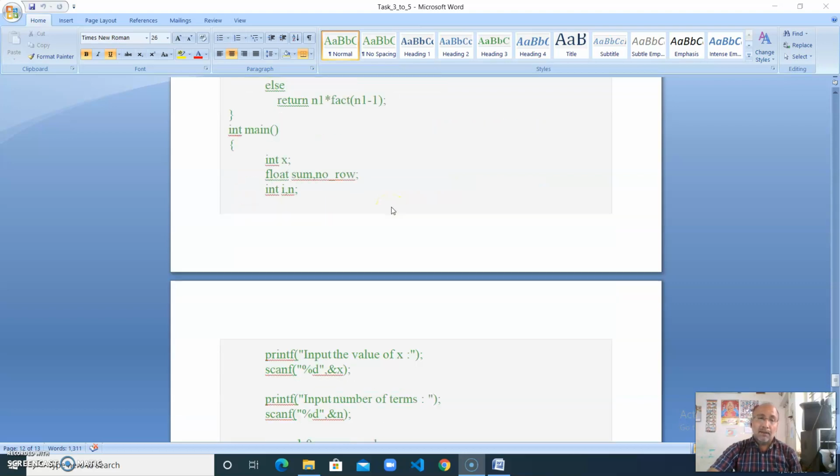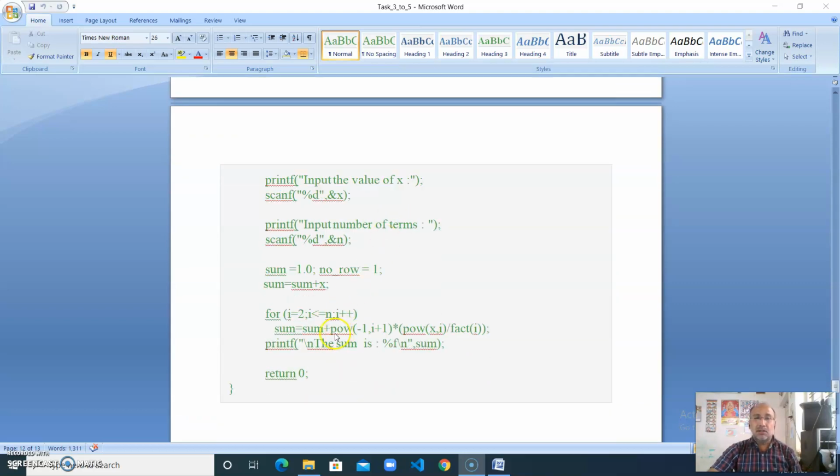Understood? For that, I took pow minus 1 comma i plus 1. I plus 1 means initially minus 1 squared, which is positive. If i equals 2, then i plus 1 is 3, so minus 1 to the power of 3 is automatically minus 1 into the particular number, so the same number comes but negative.